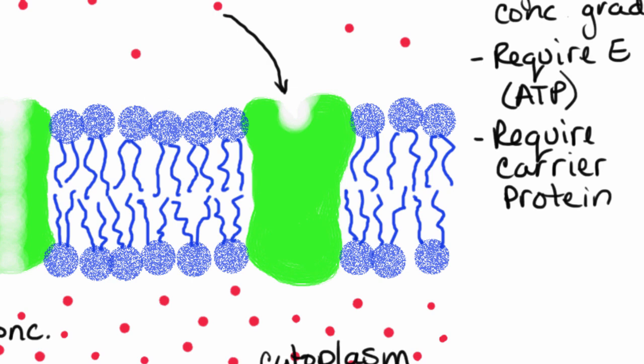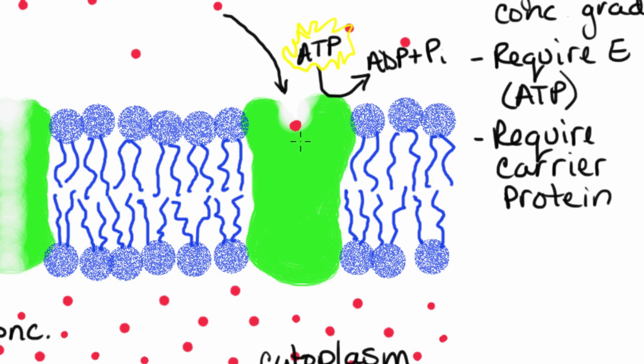So this red molecule is going to bind, and we're also going to be using ATP. When the ATP is used, we're going to see ATP hydrolysis, which means the ATP is broken into ADP and inorganic phosphate. We'll see that right next to all of this. And whenever we see something like that, we want to think of it as a use of energy, an input of energy that's taking place.